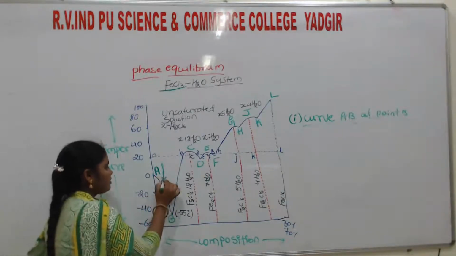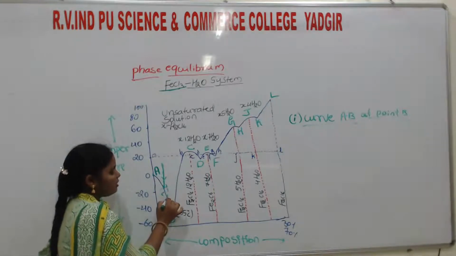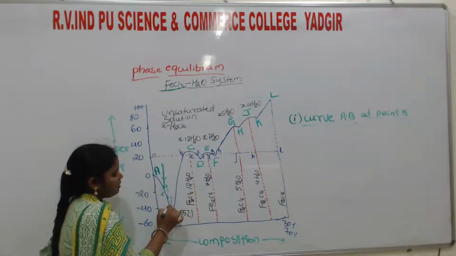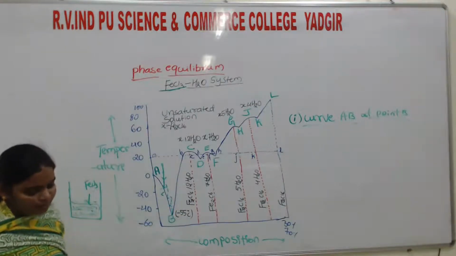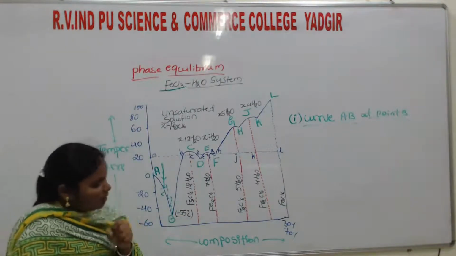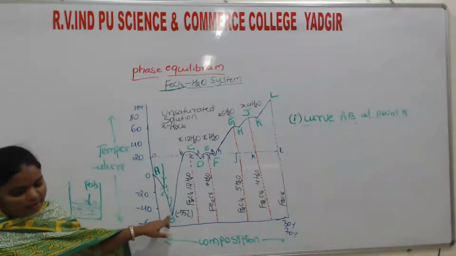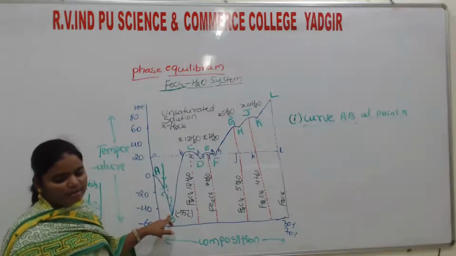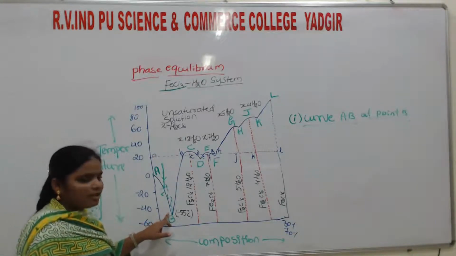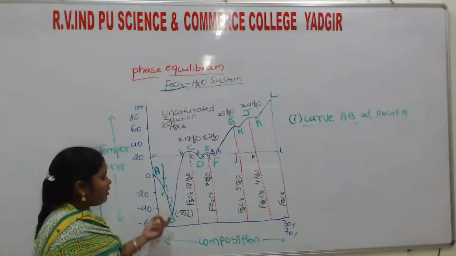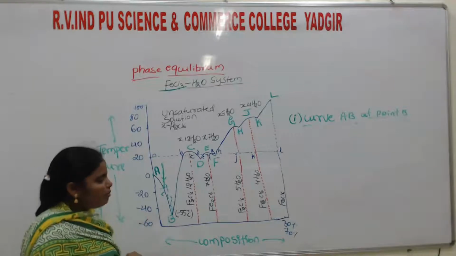The point moves along, and the composition changes. The next point comes, and the composition changes again. Finally they reach the point B, where the solution is saturated. B is the cryohydric point, also known as the eutectic point, eutectic temperature, or eutectic composition.